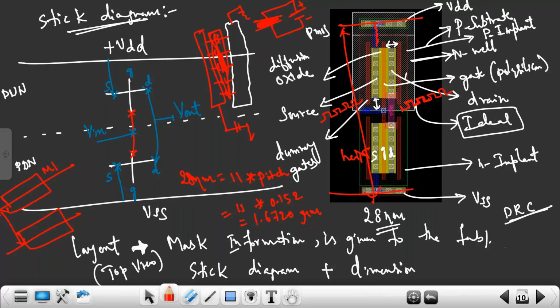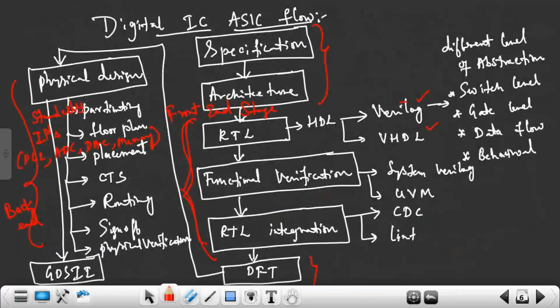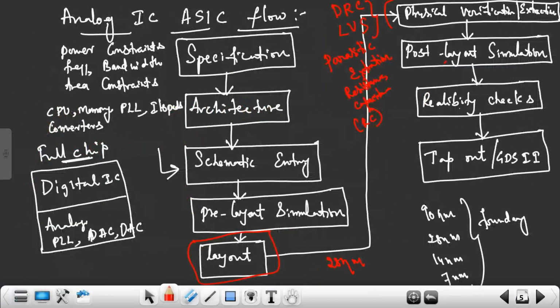These are the entire steps for doing analog integrated circuits. In the reliability checks, you will do EMIR checks, meaning electromigration checks, some IR drop checks, crosstalk checks, and shielding checks.